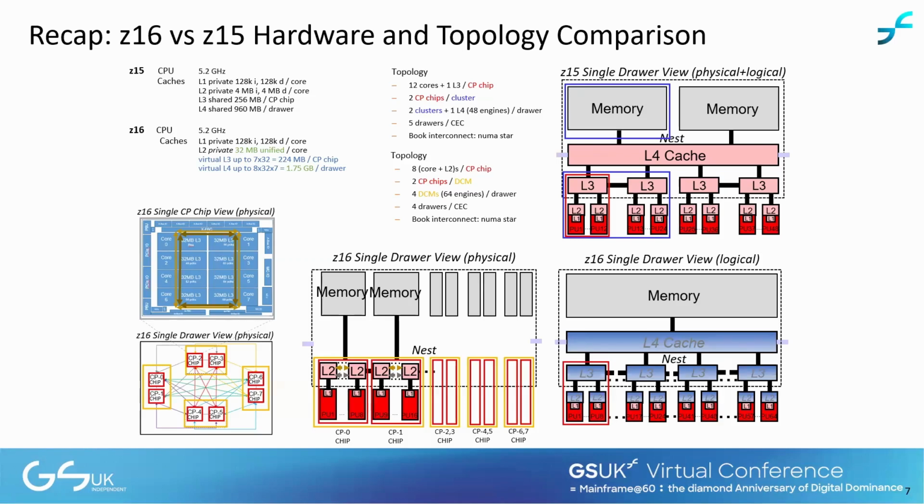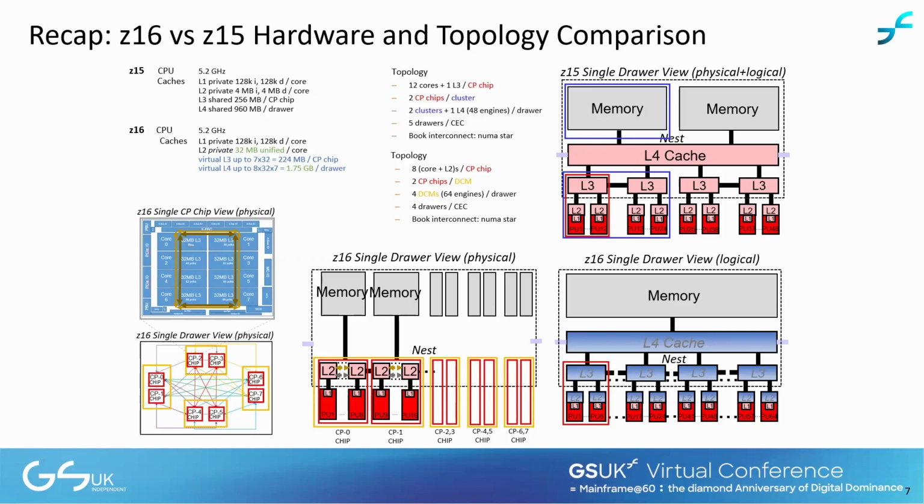And then the unused level 2 space from each of the cores that is bonded with each of the level 2s facilitates the virtual level 3 at the chip level, and then the other chips in aggregate virtualize the drawer level 4 cache. And we do it all with just these physical level 2s that are mated 1-to-1 with each of the processor chips.